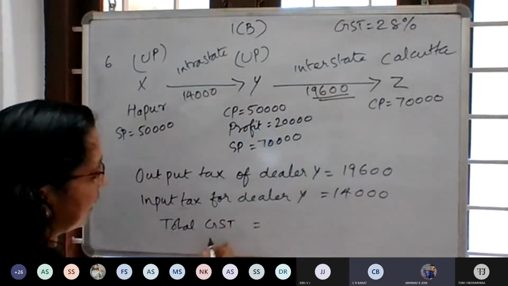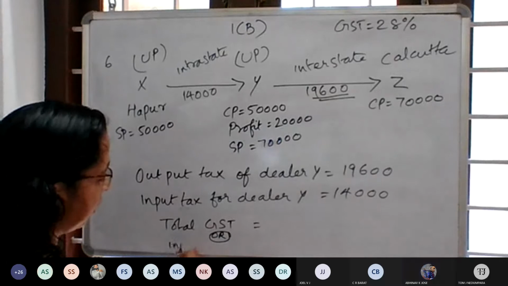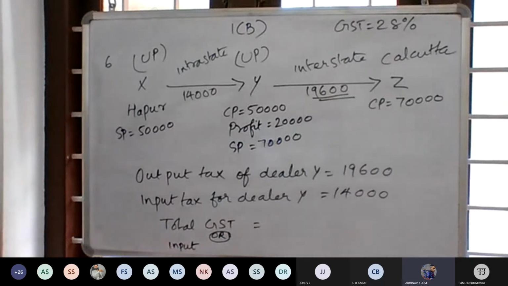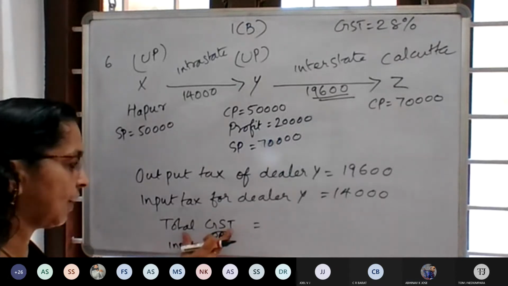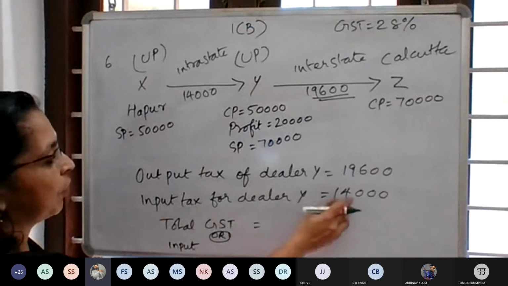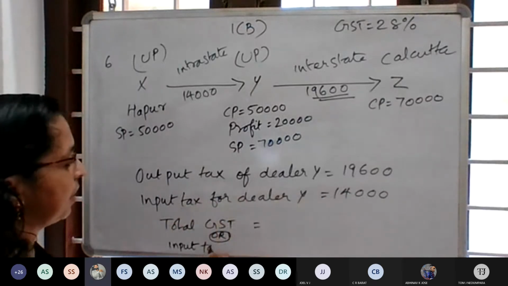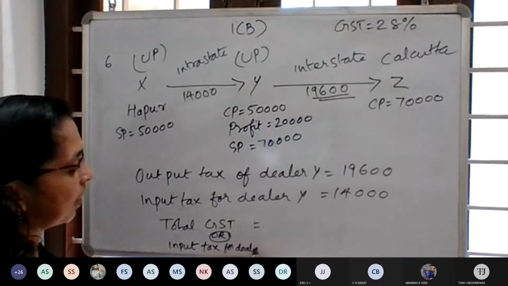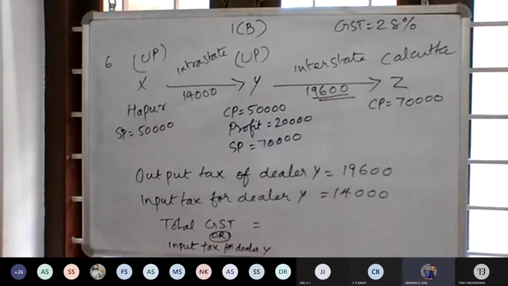Instead of total GST, you can write input tax for dealer Y, that is 14,000. Another name for total GST, we can write as input tax for dealer Y.